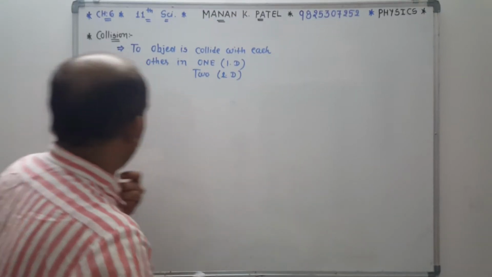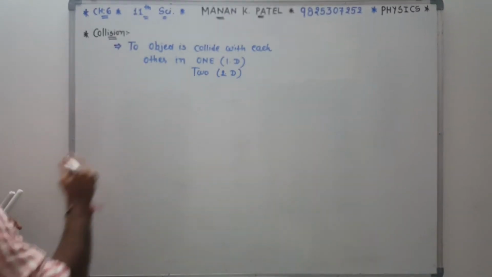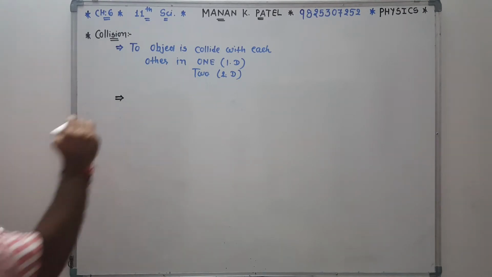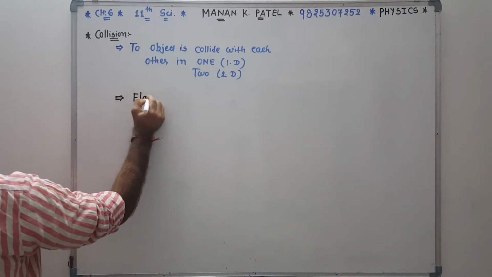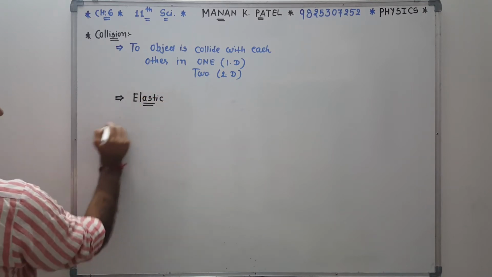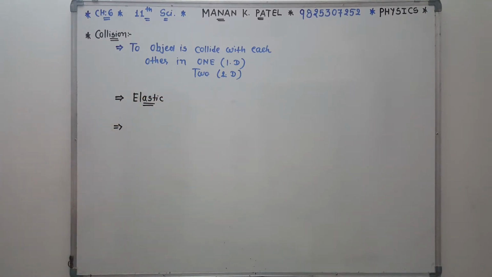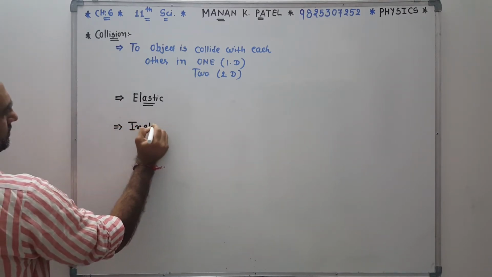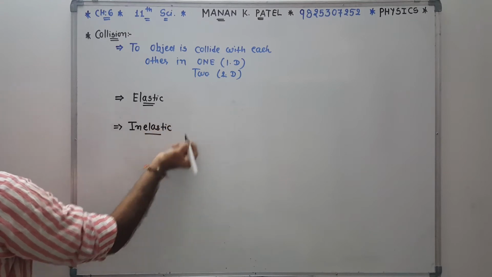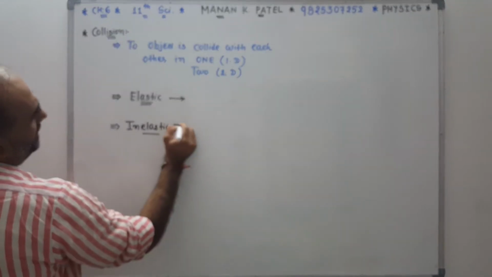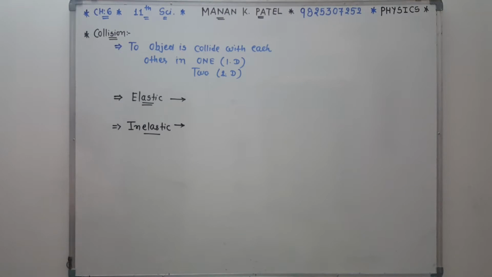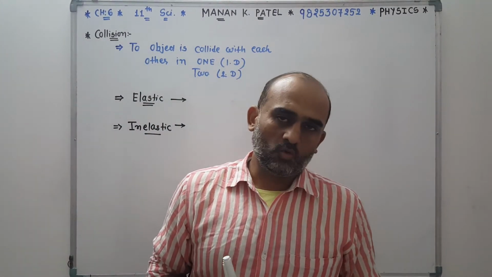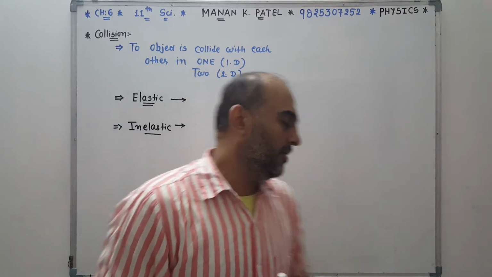So first of all, collision has two types. One is elastic collision and the second is called inelastic collision, right? Basic concept of collision: two objects before and after they collide.